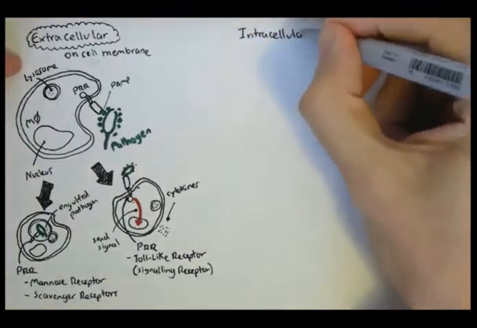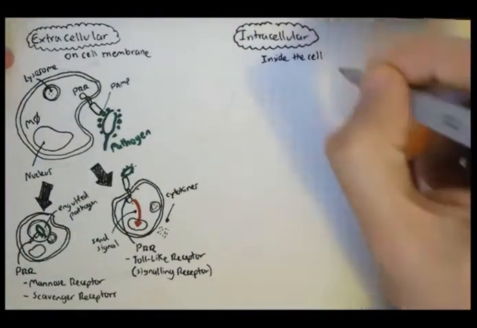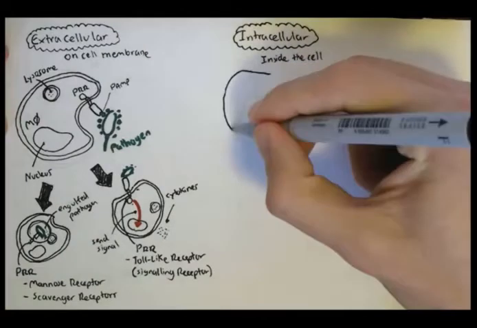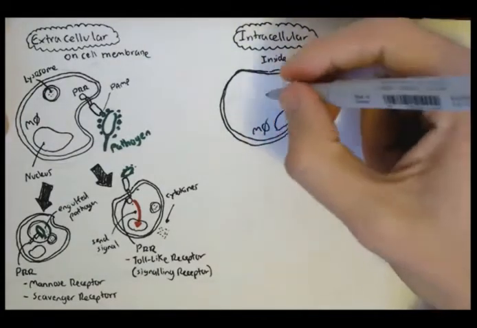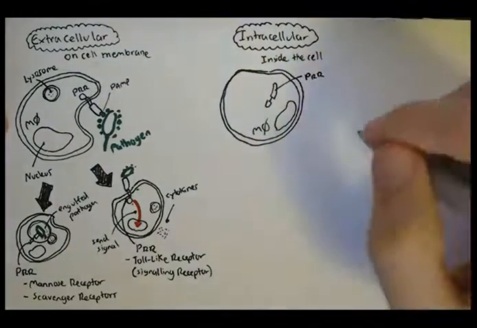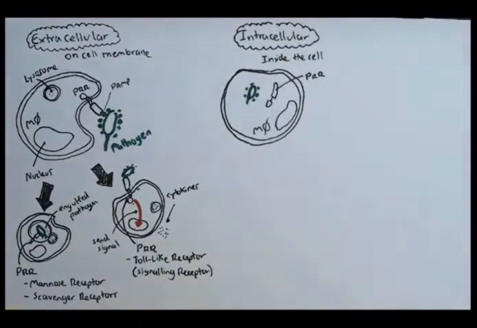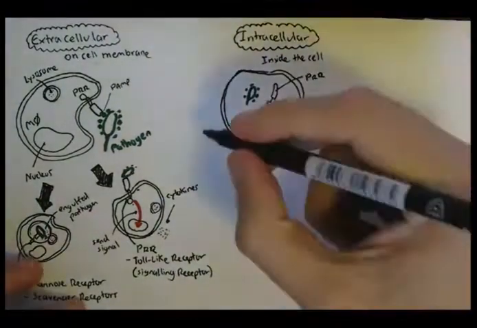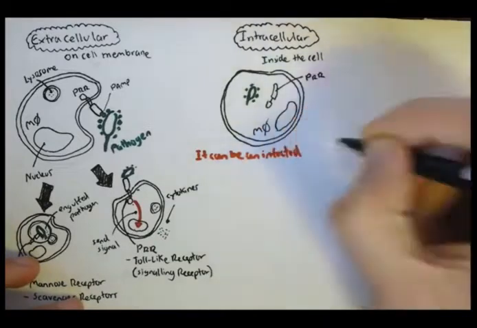So next we have the intracellular PRRs, which are inside the cell. Now here again we have a macrophage with its PRR and pathogen. Now this cell can also be infected because the pathogen is inside the cell.